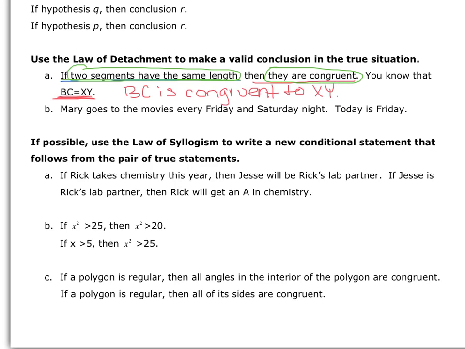So we need to state this sentence in if-then form: if it's Friday or Saturday night, then Mary goes to the movies.